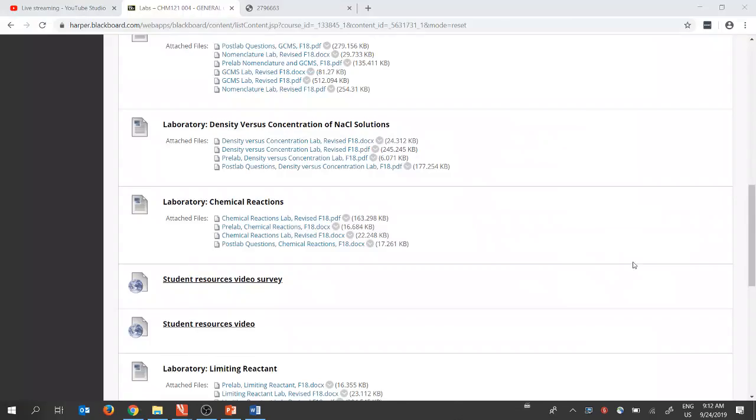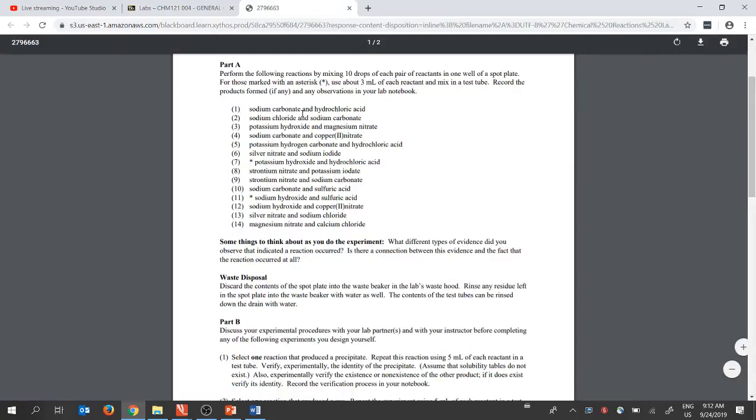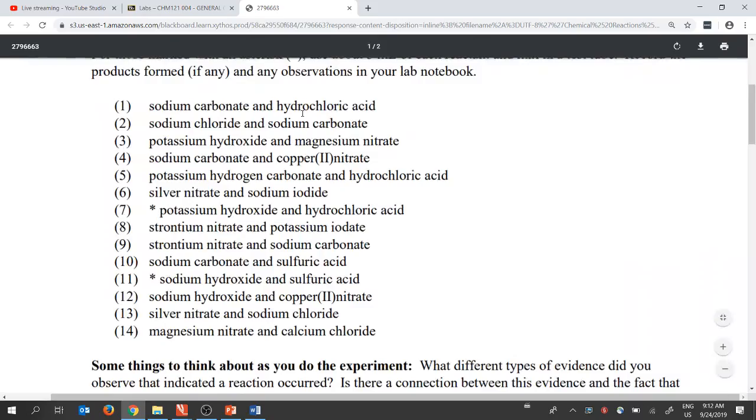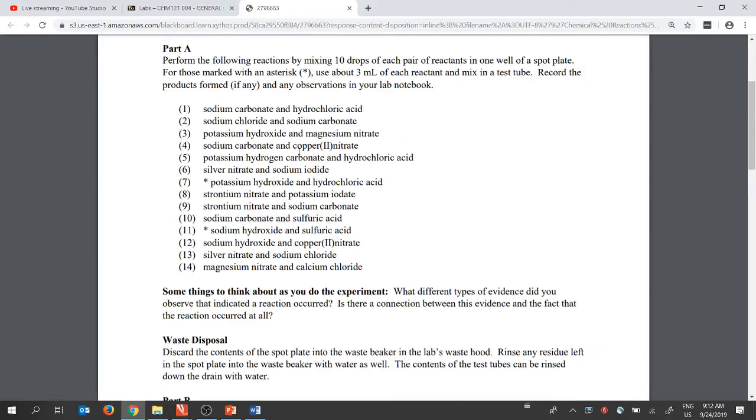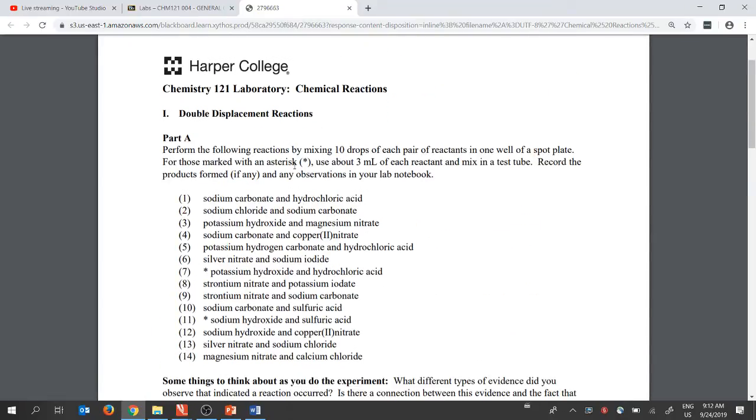You'll also see that you should be able to complete or to prepare your notebook quite nicely for this lab because the list of the equations that you're doing is right there.